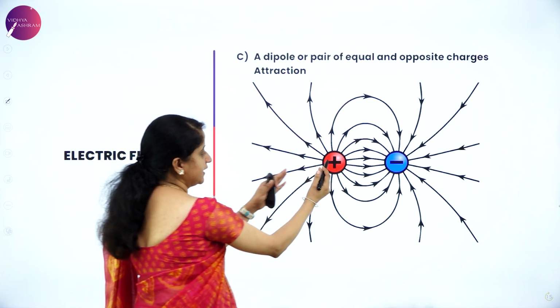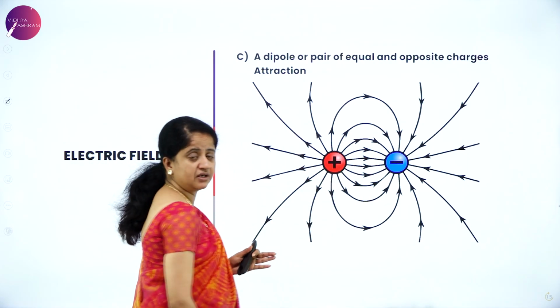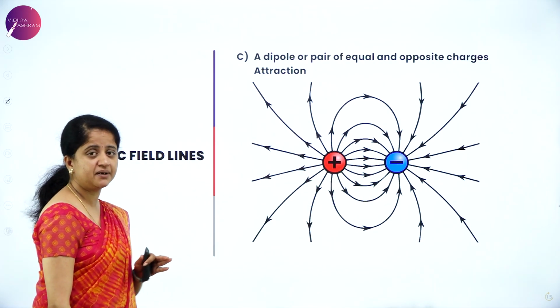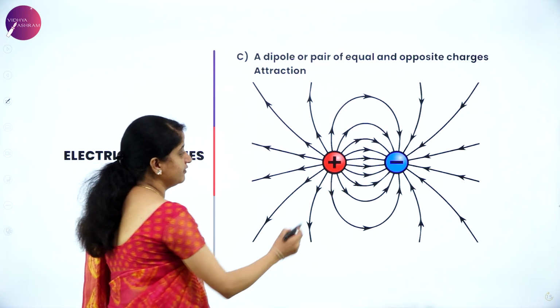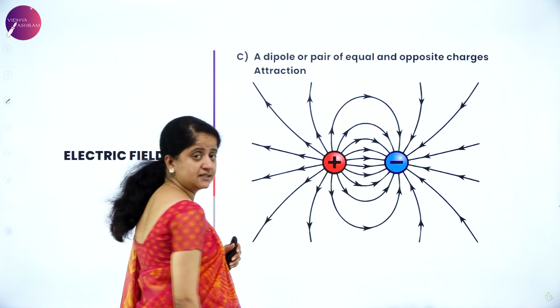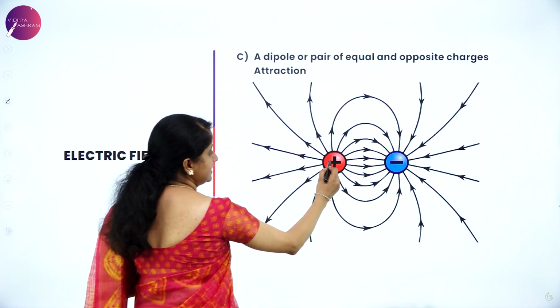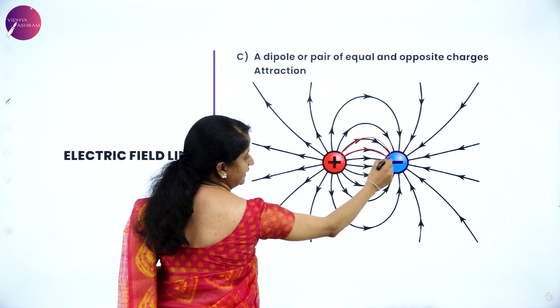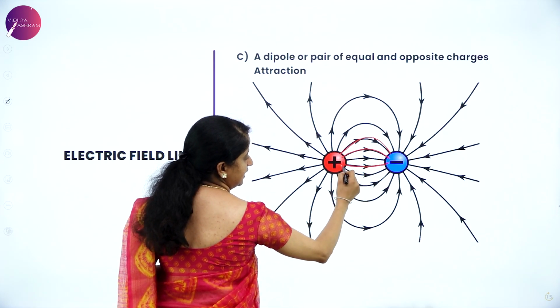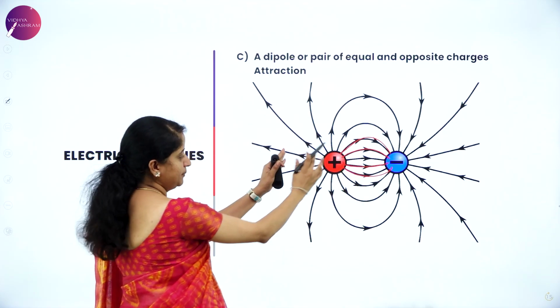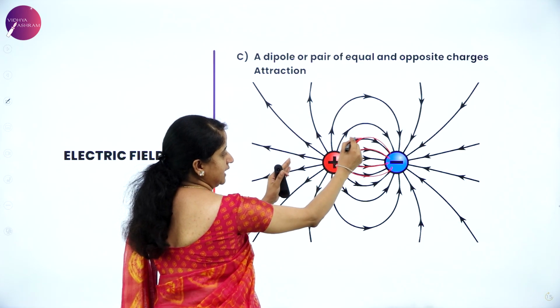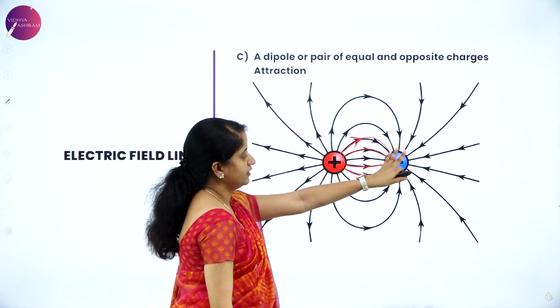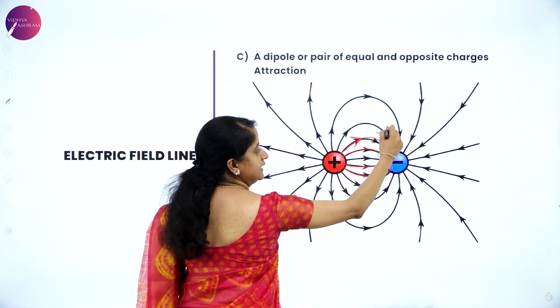What if you take a dipole? A dipole is nothing but a pair of equal and opposite charges separated by a distance. So plus and minus, this is the dipole, and in this case you can observe the lines move from positive and terminate at negative. From the positive charge, it is radially outwards, and for the negative charge, it is radially inwards.